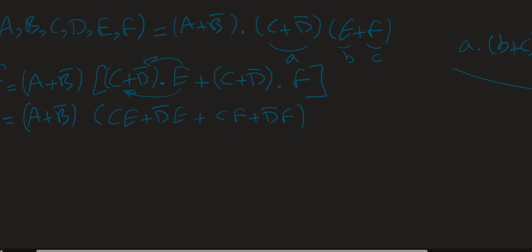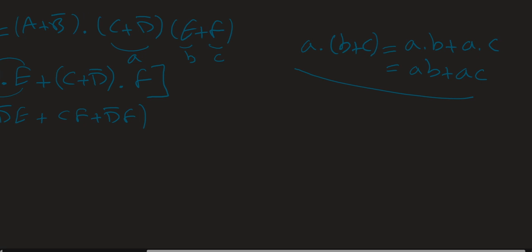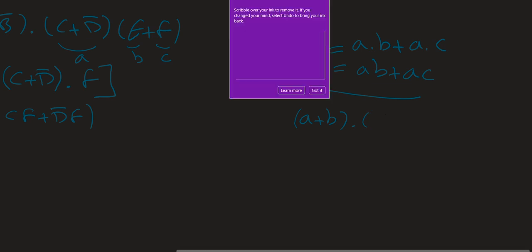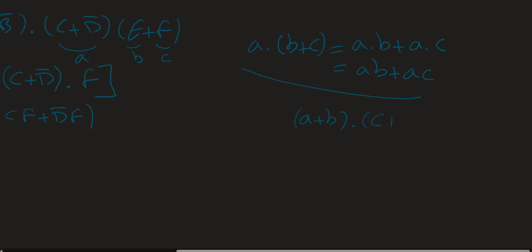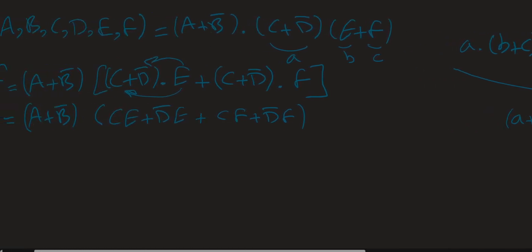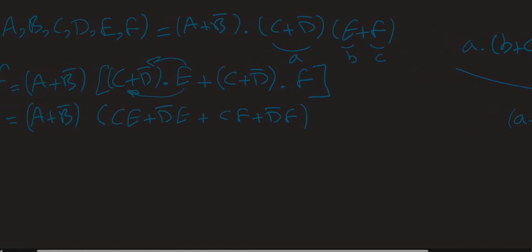Now I just want to make it simpler. If you have, for instance, a or b, and c or d, then you don't need to do it separately.